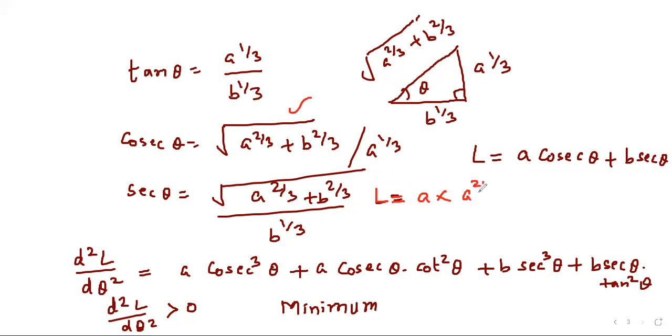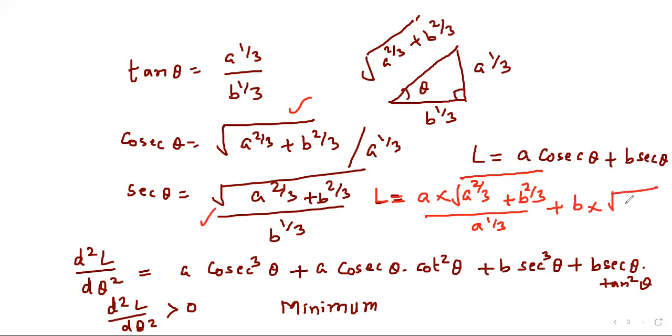A power 2 by 3 plus B power 2 by 3 under root divided by A power 1 by 3 plus B times sec theta. And sec theta is this much. Root of a power 2 by 3 plus b power 2 by 3 whole divided by b power 1 by 3. Now we simplify it.